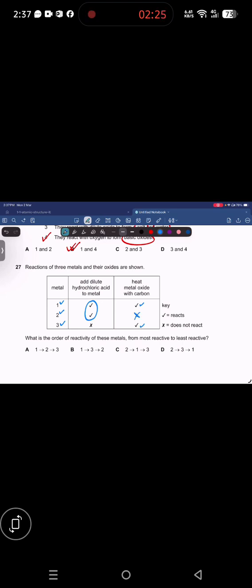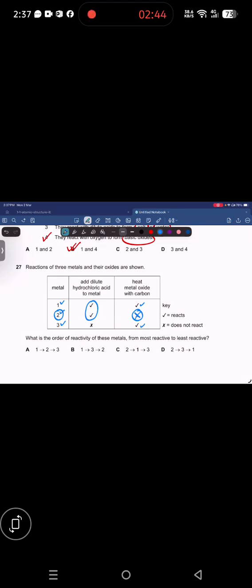So if metal 2 does not react when heated with carbon, that means this one is the most reactive. Why? Because it will be above carbon, not below carbon.